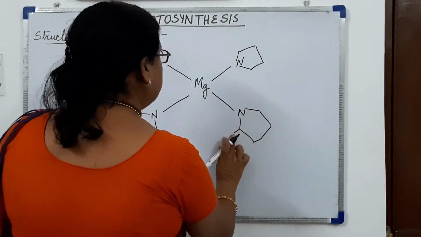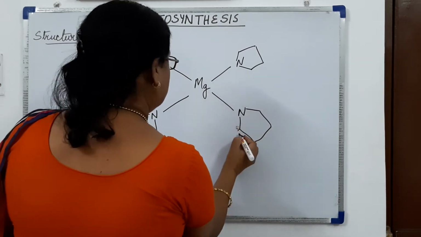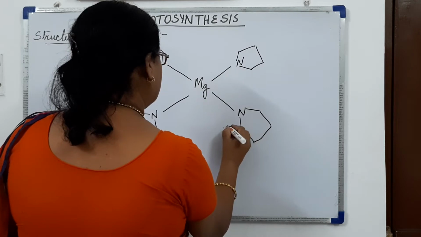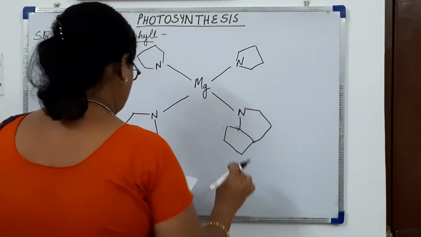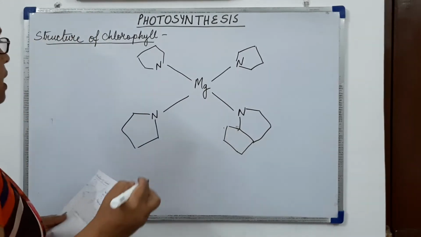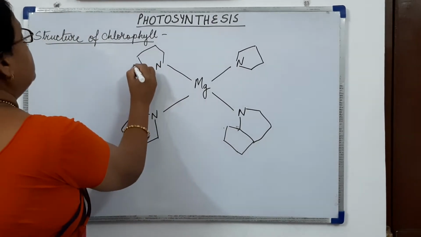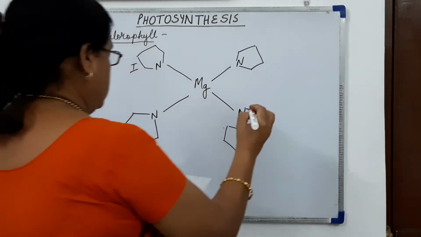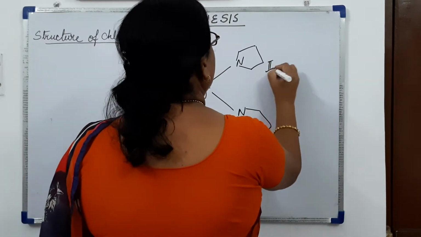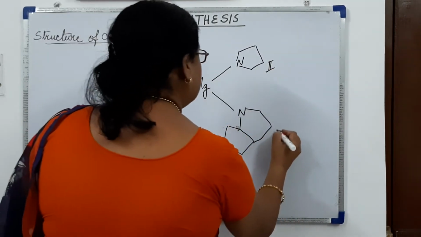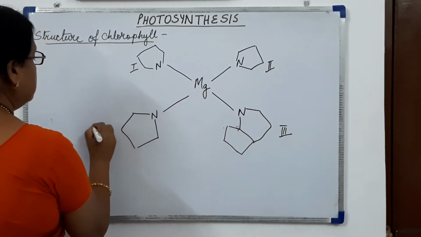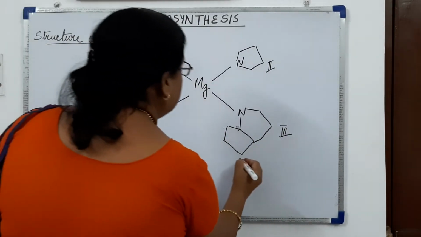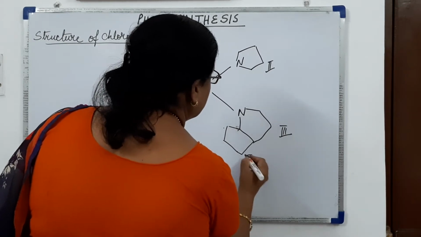There will be two rings here. So this will be the first ring, this is the second ring, this is the third ring, this one is the fourth ring, and this one is the fifth ring.